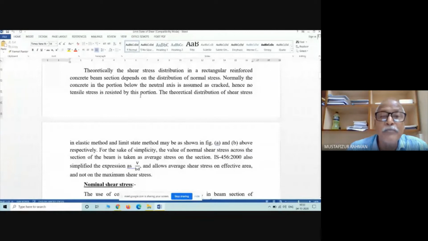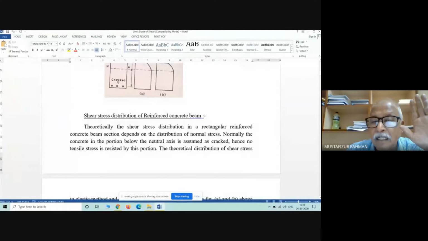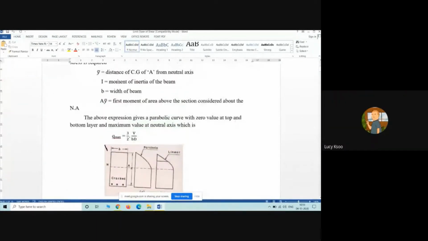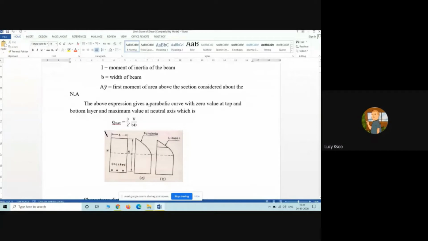So this is the simple shear stress distribution. Are you looking at my hand? My left hand? Hello? Can't see, sir. You can't see. How will I be able to show it? Yes, sir.